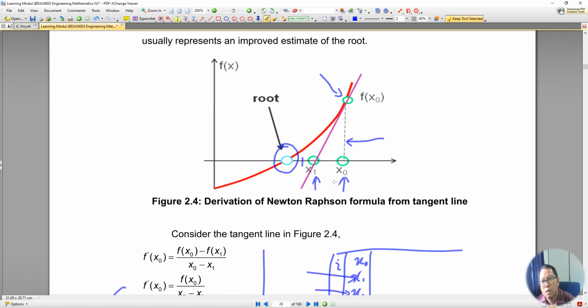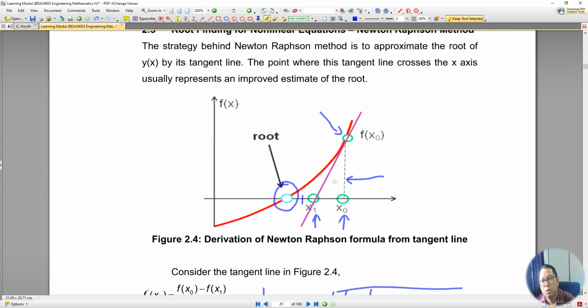By using the Newton-Raphson method, we only require to identify one single value of x naught. Then the next thing is we are required to differentiate the function.